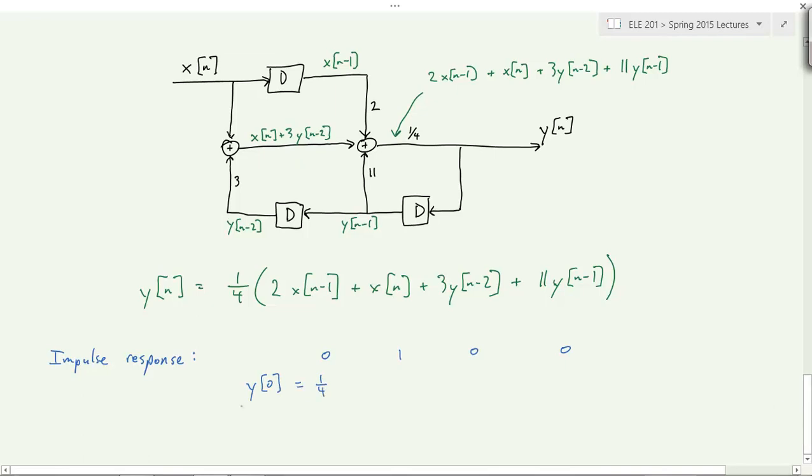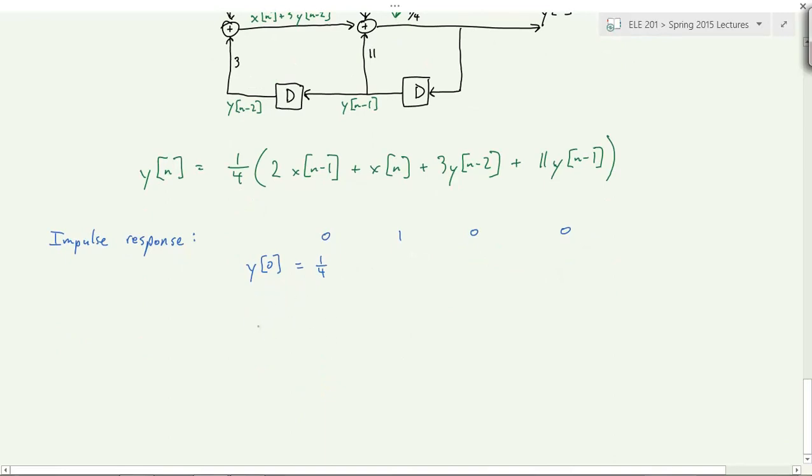Okay? Then we get y of 1. And we go through again, and let me give myself some space. I'm going to mark these again. So at time 1, for n equals 1, so that was n equals 0, right? n equals 1, this is going to be a 1 there, and that's a 0. Are you following? Because x of n was a delta function. And this is still 0, but that one comes from before. That was a 1/4, so it's 11/4, right?